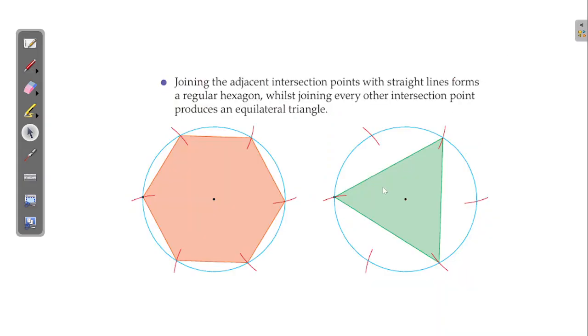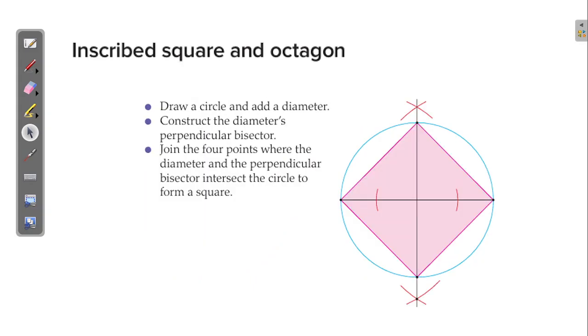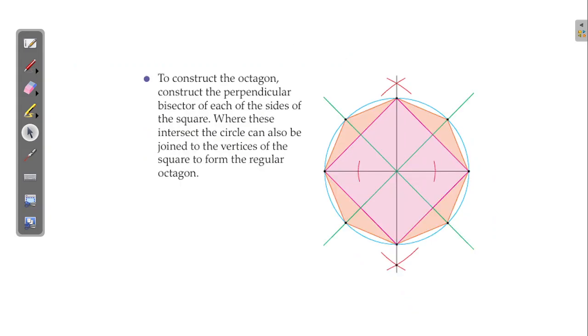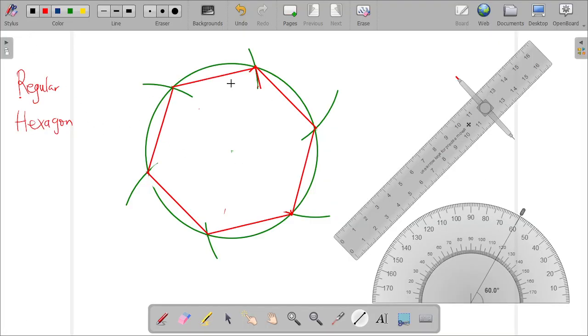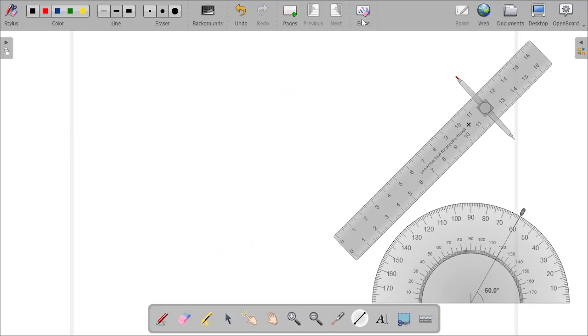Now next let's look at how to inscribe a square and an octagon. This is my square here, and this is my inscribed octagon over here. Now let's see how to achieve that.